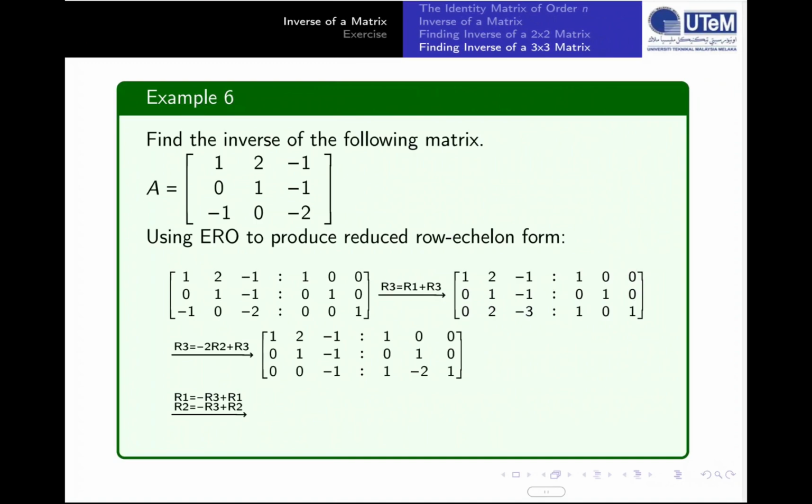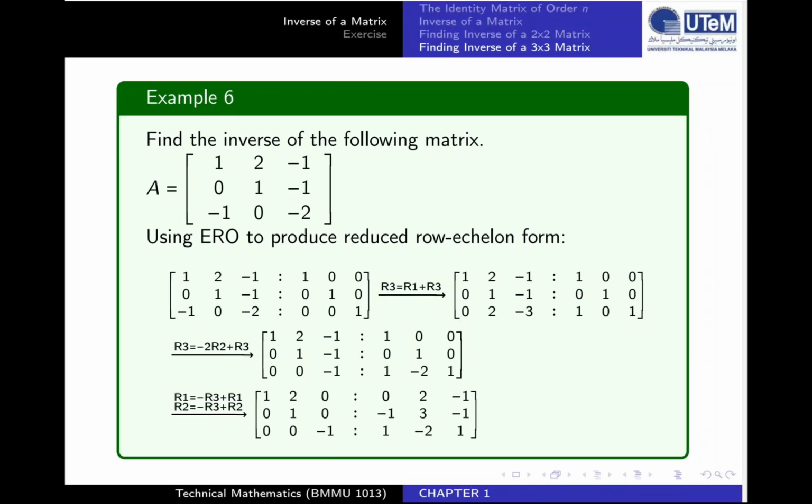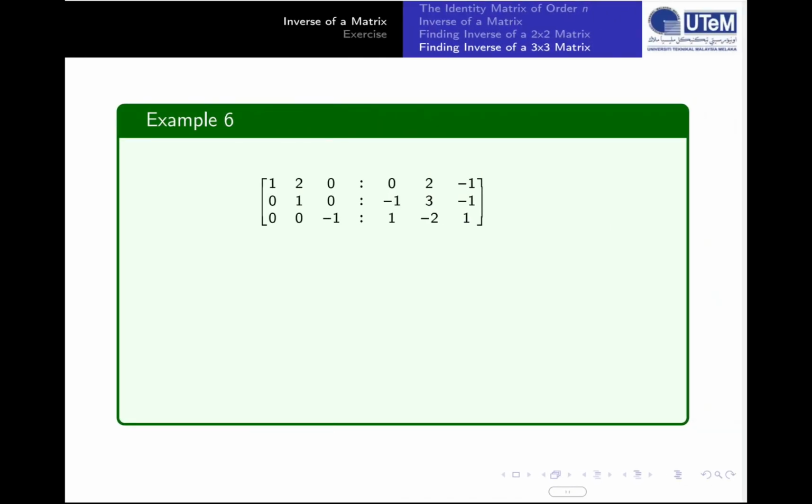Next we want to change here to become 0. Then we can get 1, 2, 0 here, and the right hand side is also the same for the second row. Next we want to change 2 to become 0 here, so then we can get this matrix.